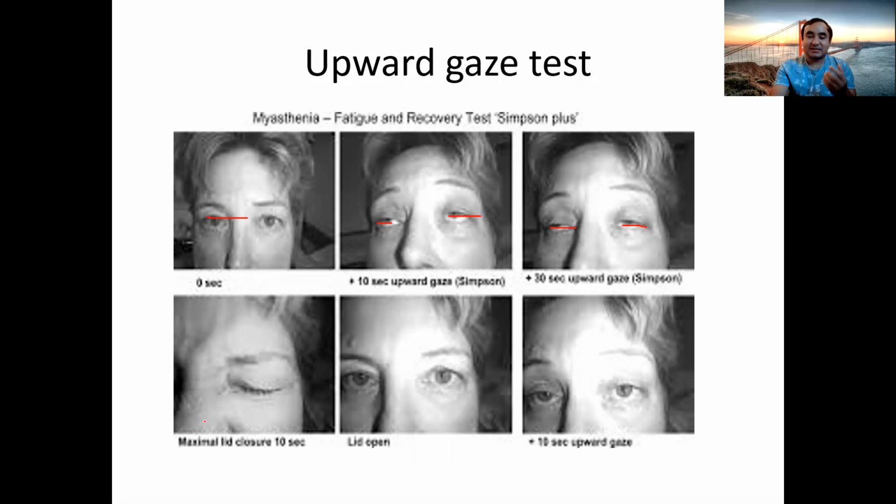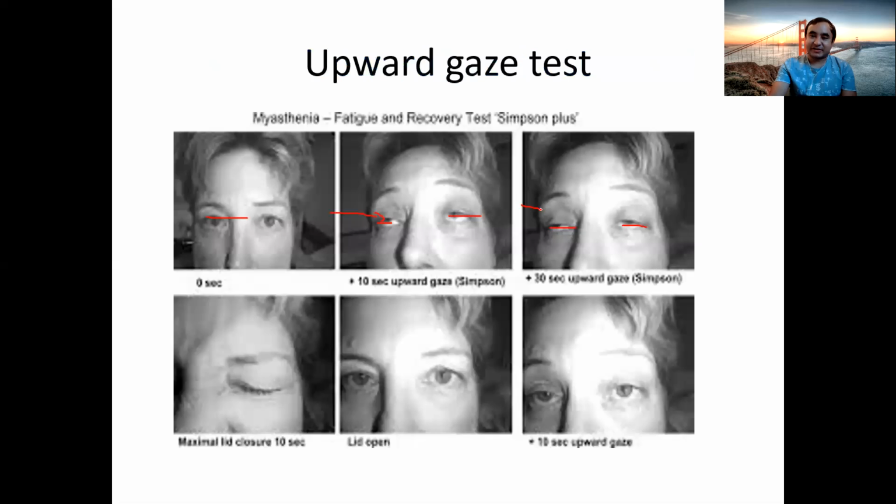After closing their eyes, the eyelid gets rest, and after some rest you can easily open the eyelid. So here you can easily see the fatigability. If you sustain a certain activity, there is development of ptosis, and after taking rest, there is improvement in that ptosis. This is what we can see through the upward gaze test.